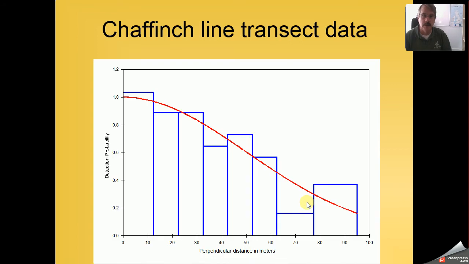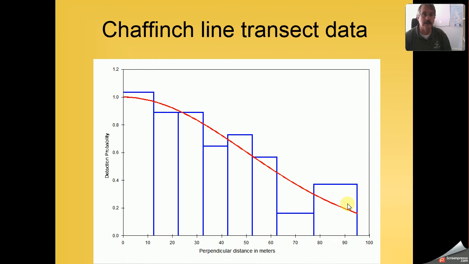Let me show you how this works. Here are some line transect data on a forest bird collected by Professor Buckland. We have the usual histogram that we've seen in the past and the fitted half-normal detection function to these line transect data. We can see there are some discrepancies in various places between what the model predicts should be the number of sightings and the actual number of sightings.